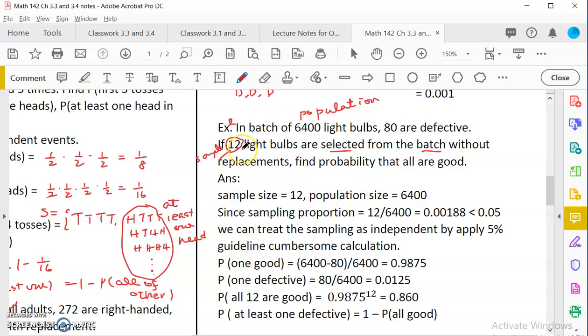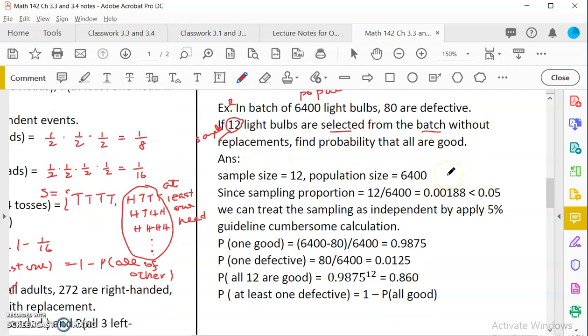All 12 are good. So the first is good, the second is good. So this is the same as we're doing sampling by independent. Can I do it by the independent formula? The sampling proportion, I'm going to just check if I am sampling very little. So look at 12 over 6,400, which is 0.00188.